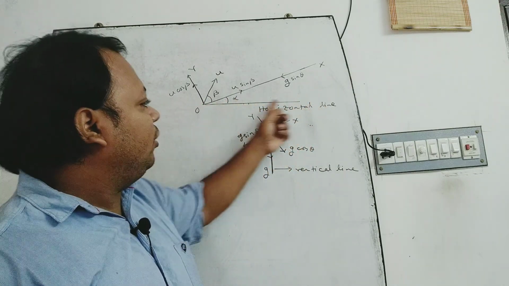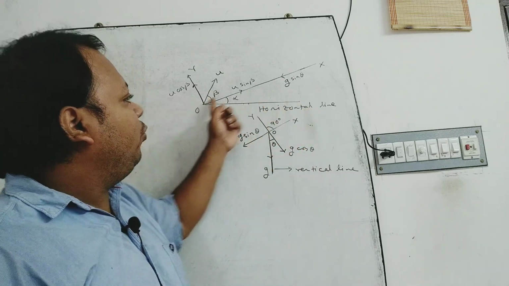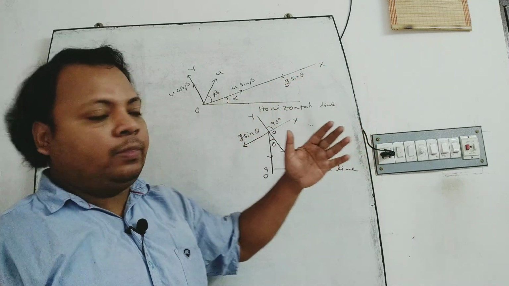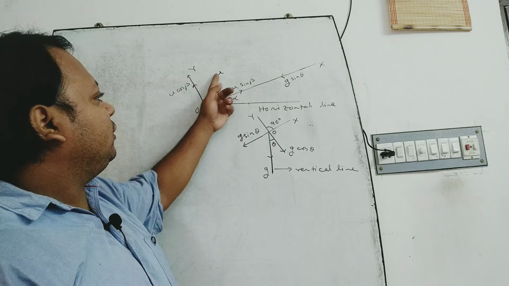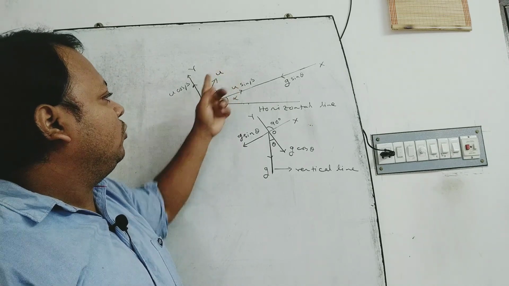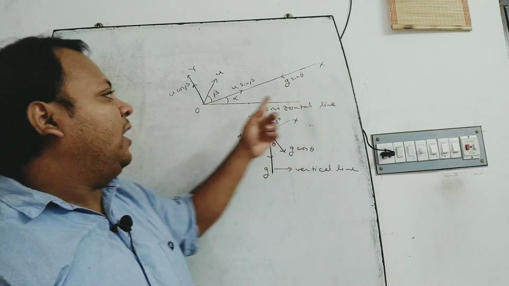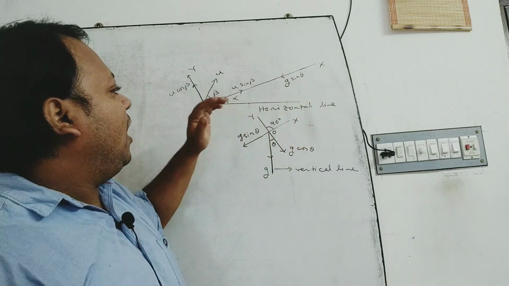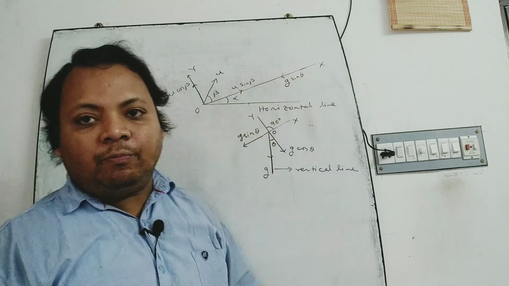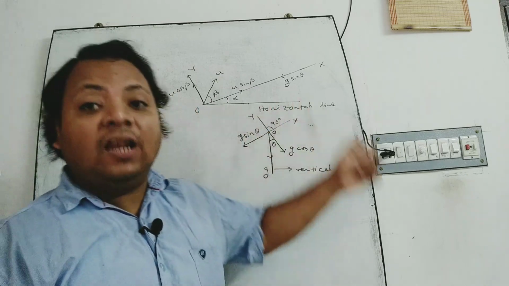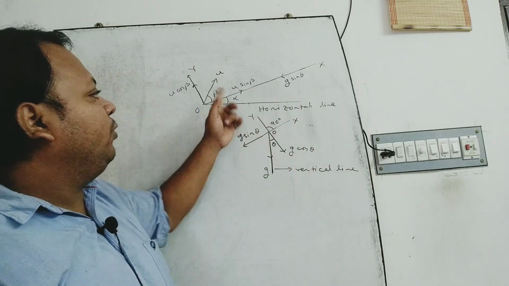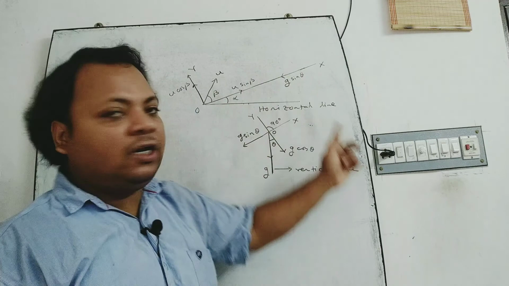This is the horizontal line, and here OX is the inclined plane. The particle is projected with an initial velocity u at an angle beta with the OX axis, and alpha is the angle between the inclined plane and the horizontal line.